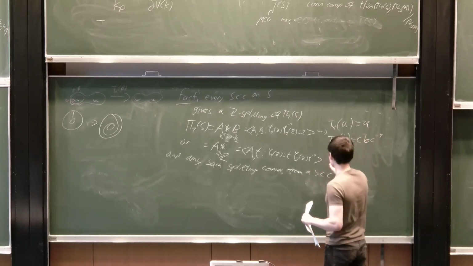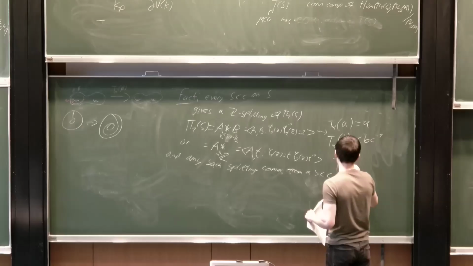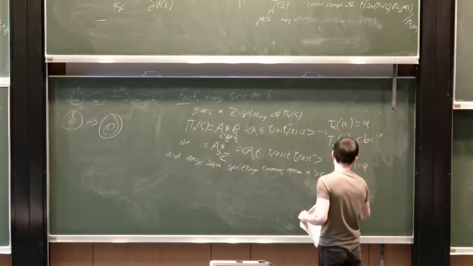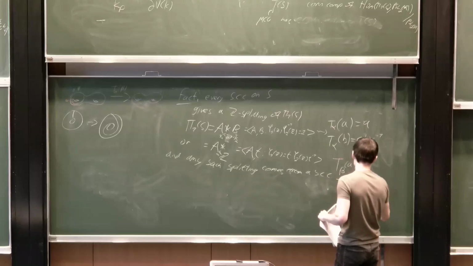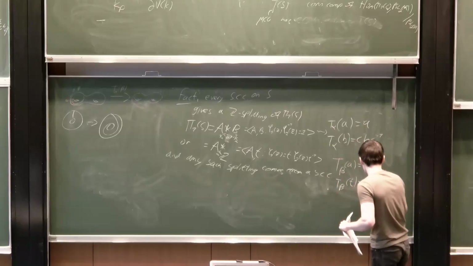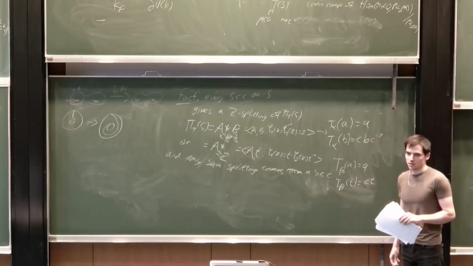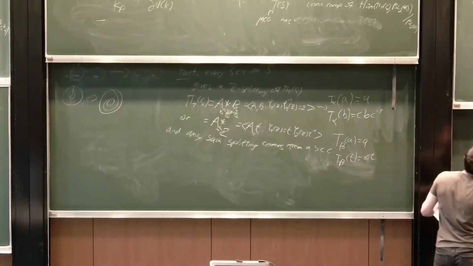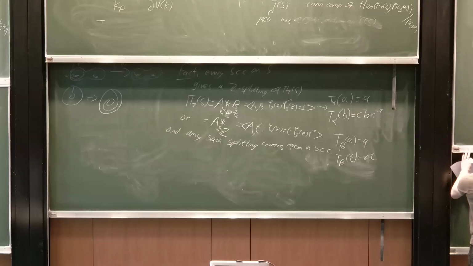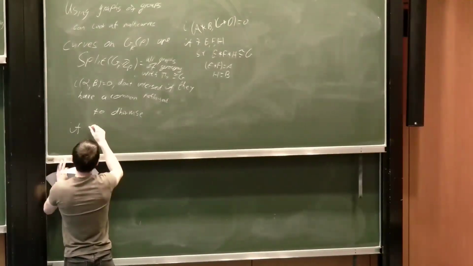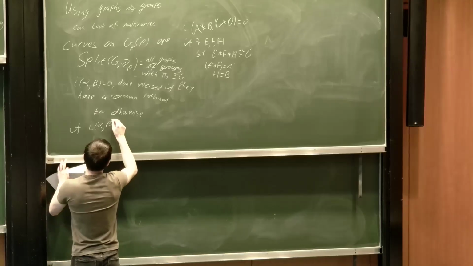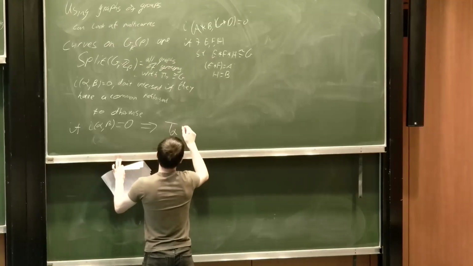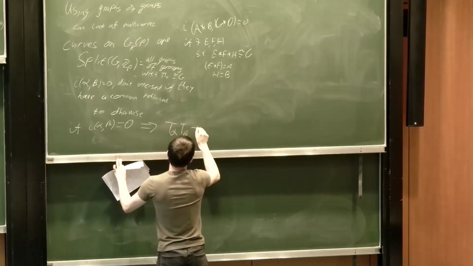And in the case of an HNN extension, T of beta on A is equal to A, and T of beta on this extra element T is A times C times T. The thing that I want to say is that it's also true in this situation that if two splittings don't intersect, then T of alpha commutes with T of beta.